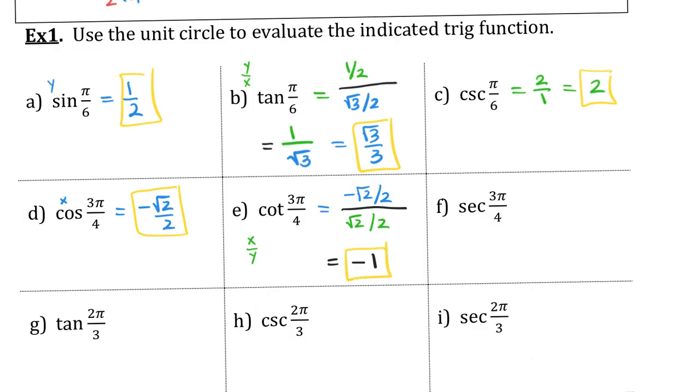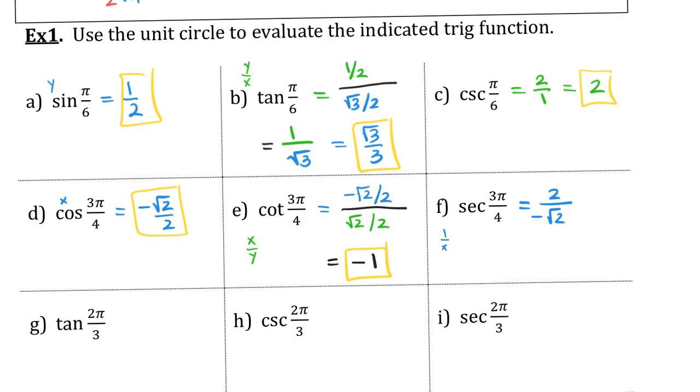Okay, the secant of 3 pi over 4. Secant's a reciprocal of cosine, so I want to flip the x. Do I know the x? The x is negative root 2 over 2. So secant is going to be flipped. And it doesn't matter if you put the negative on the top or the bottom. But I can't leave the radical at the bottom, so let's rationalize this.